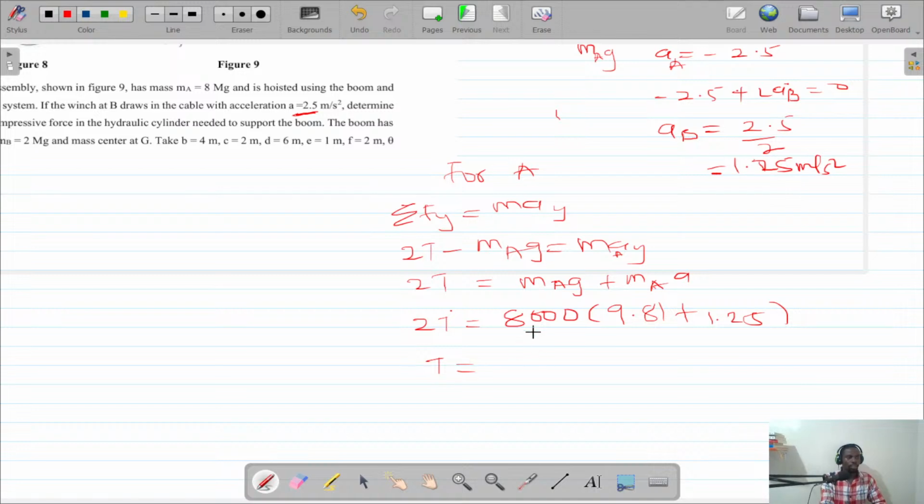So T will be equal to 8,000 over 2, which is 4,000, multiplying 9.81 plus 1.25. So T will be equal to 4,000 multiplying 9.81 plus 1.25. That is 44,240 Newton. All right, so now we know the tension.